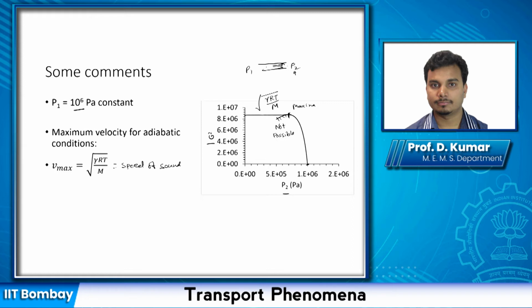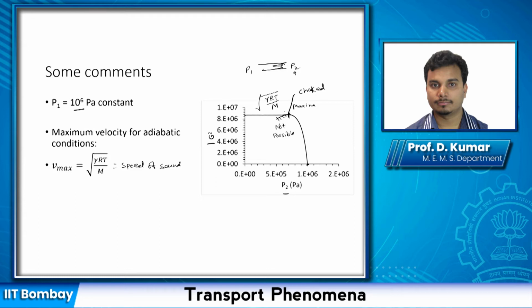So it cannot ask for more and more gas to come. So the flow becomes what we call choked. After that, no matter how much pressure you decrease, there cannot be further flow. It is called choked flow.